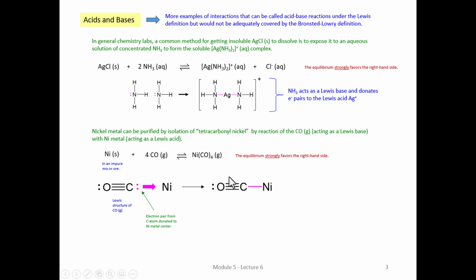Carbon monoxide acting in this way with a metal takes on the name carbonyl, so this would be a nickel carbonyl bond. So CO here acts as a Lewis base. It's an electron pair donor. Nickel acts as a Lewis acid and accepts electron pairs from CO.